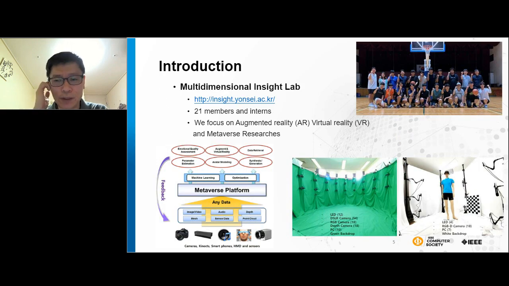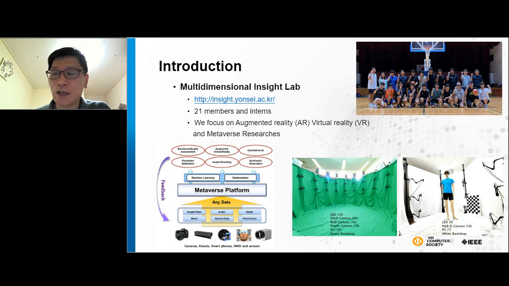Currently, the metaverse is a very hot issue. In our laboratory, we are mainly working on next generation media processing, such as augmented reality and virtual reality. We want to make a bridge from image and video processing to the applications of next generation issues, such as the metaverse, which is nowadays a very hot topic.